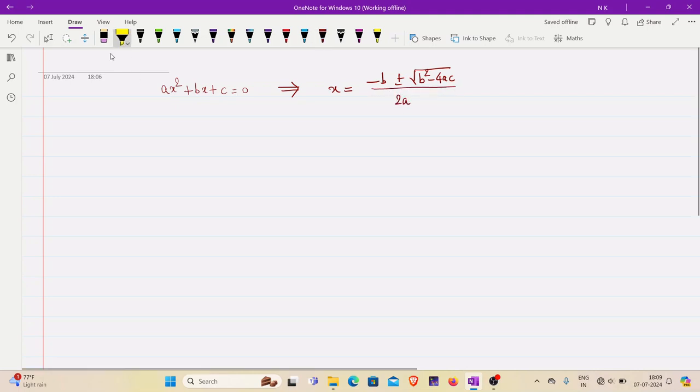Now, in this particular formula, the square root of b square minus 4ac is nothing but a radical. So that means this particular polynomial can be solved by radicals.